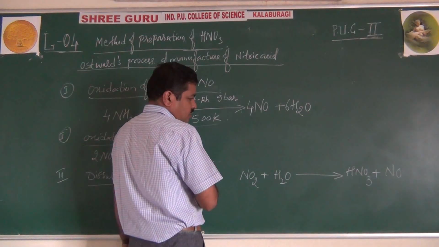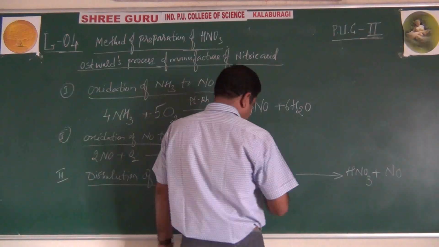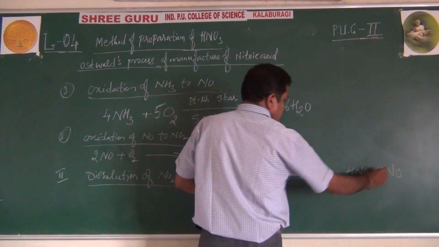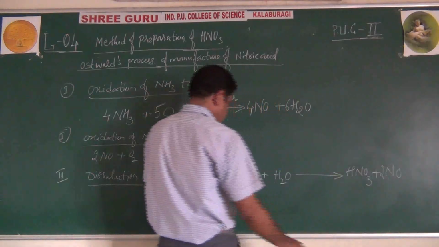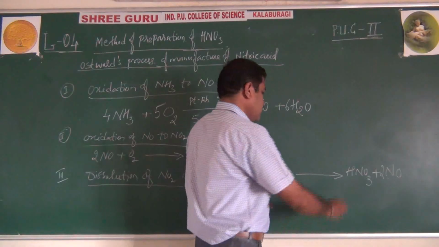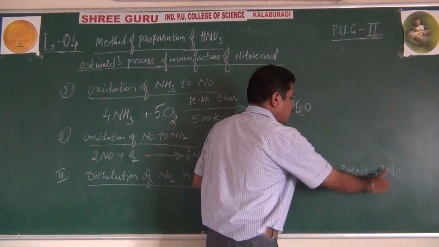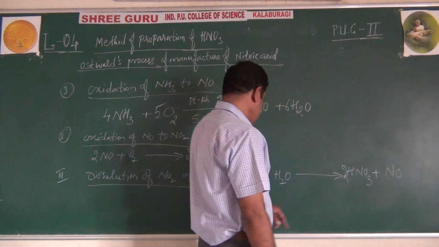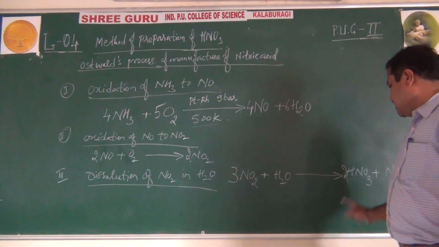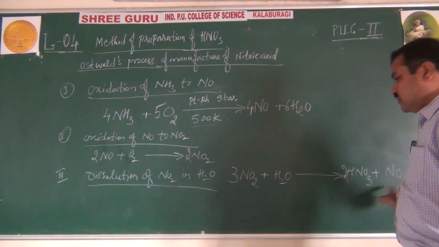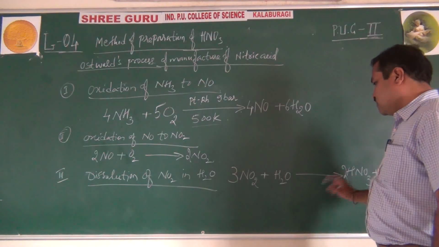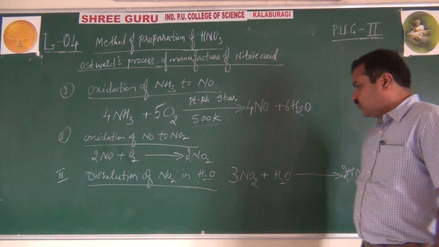So generally 3NO2 plus H2O gives 2HNO3 and NO. Sorry, 2HNO3, because 3 nitrogen are already there. 2HNO3, 2 3s are 6 plus 1 is 7, and here 3 2s are 6, 6 plus 1 is 7. Hydrogen is also balanced, oxygen is also balanced, nitrogen is also balanced.